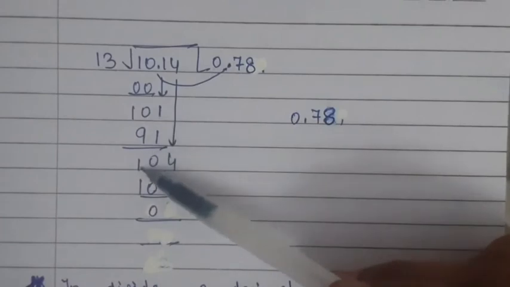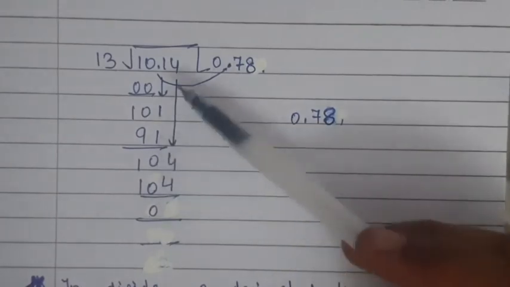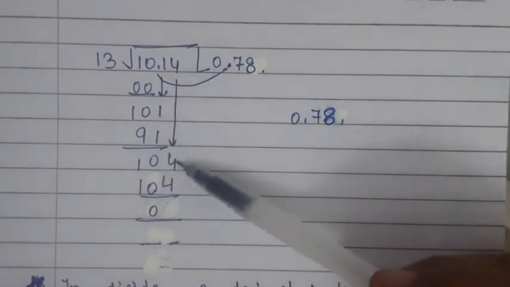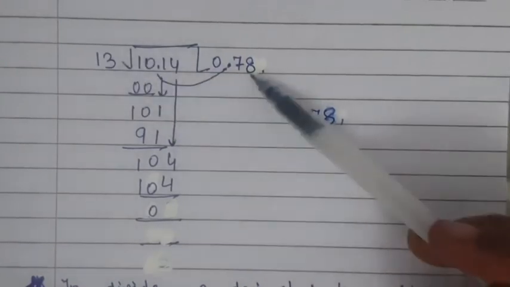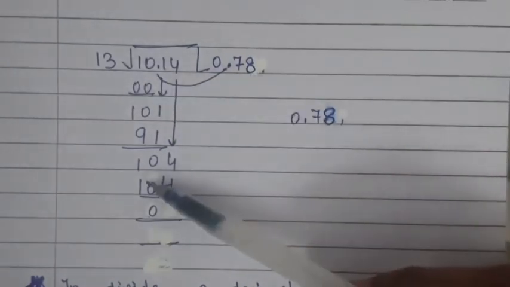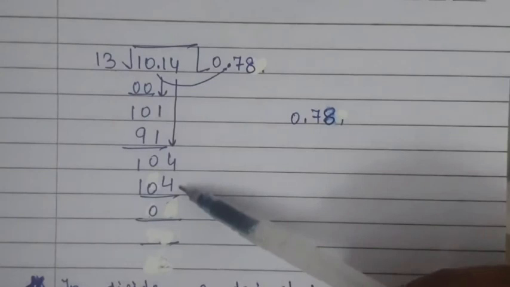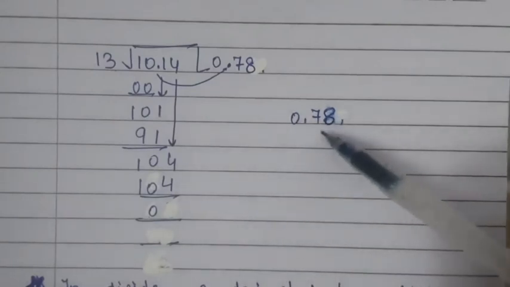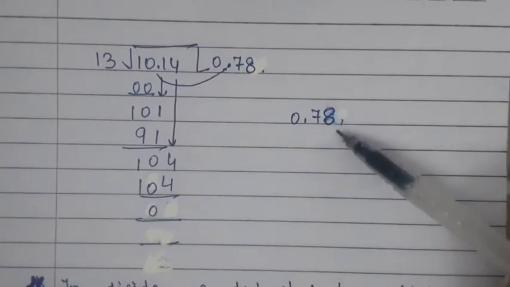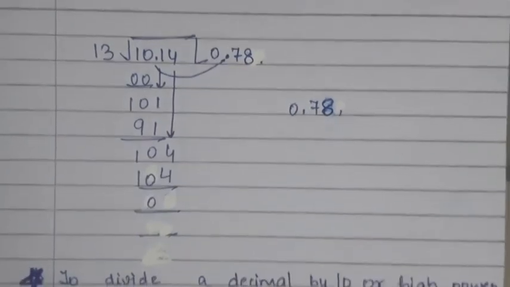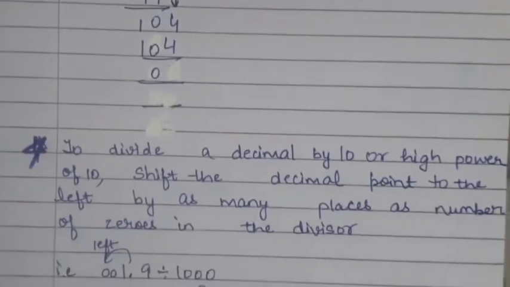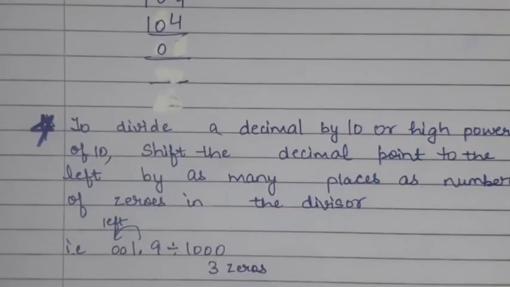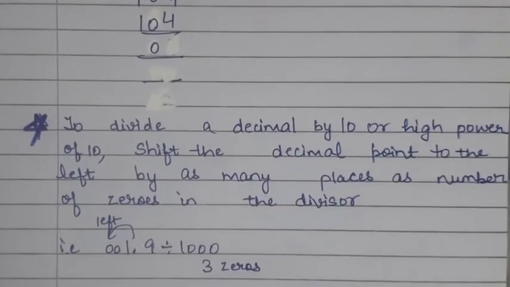So we get 10 in the remainder. Now 4 will come down. So 13 into 8 is 104. So what is our answer? Our answer is 0.78.